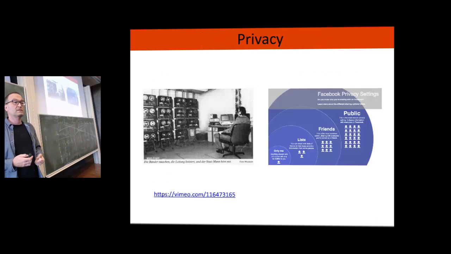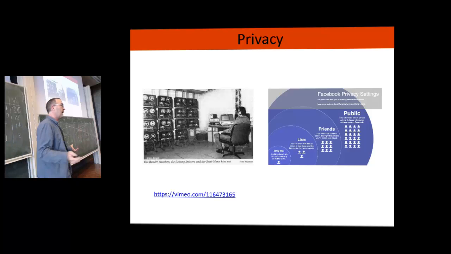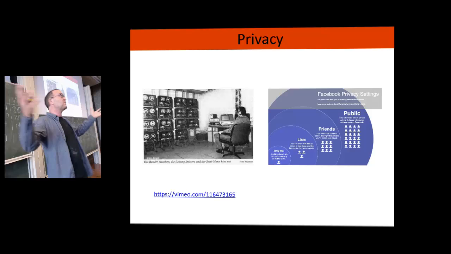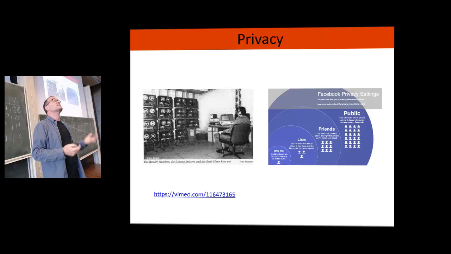Privacy. It is now so that Google and Facebook have more information about all of you than the KGB and the German Stasi ever had about people. So we have now turned into a society where we give all the information about ourselves up for free. And it's reused, it's resold, and really bad things are done with this data. And it's done by algorithms that have been designed by AI people.